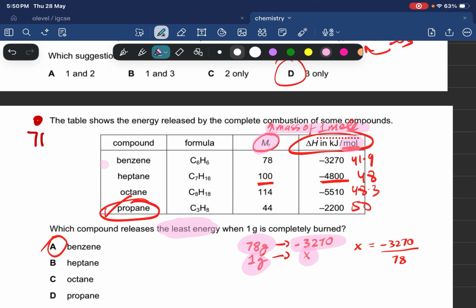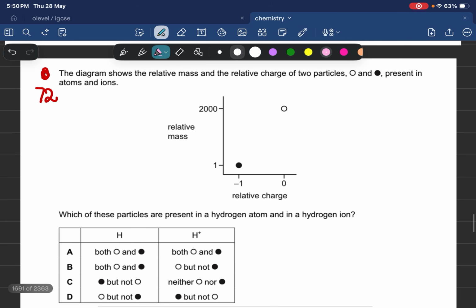So that's benzene. Next, the diagram shows the relative masses and the relative charges of two particles present in atoms and ions. Which of these particles are present in a hydrogen atom and a hydrogen ion?